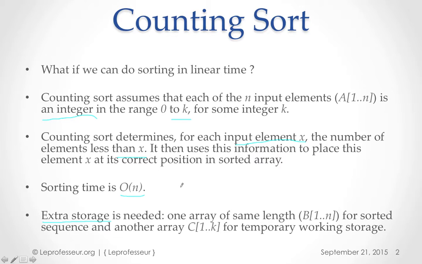So we need some extra storage for our calculating purpose, or intermediate storage. Then we need another storage, one array of the same length, to hold the sorted values. Okay. So that's the overhead of this sorting.